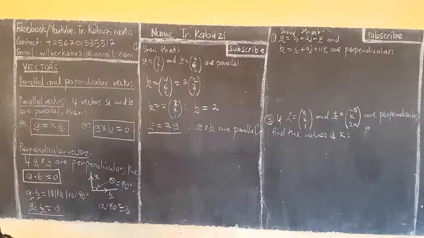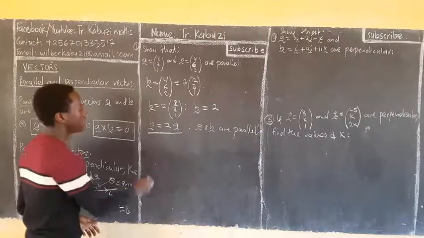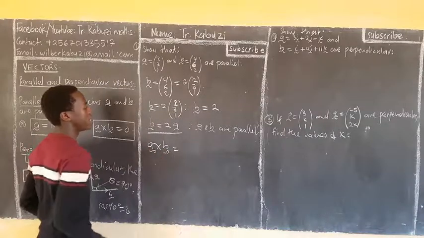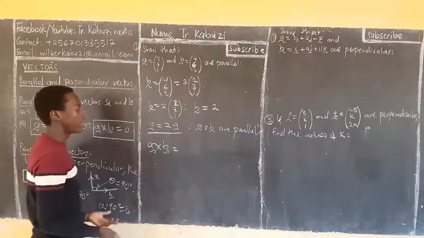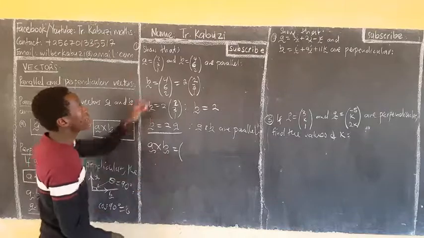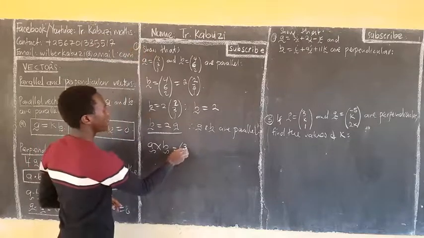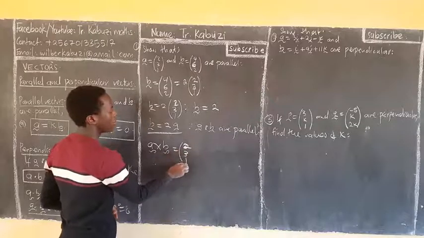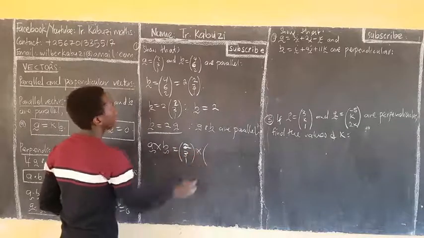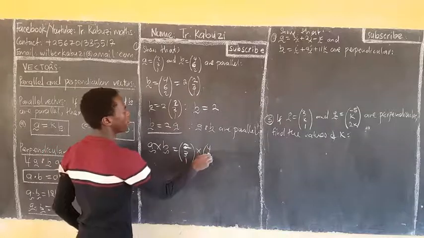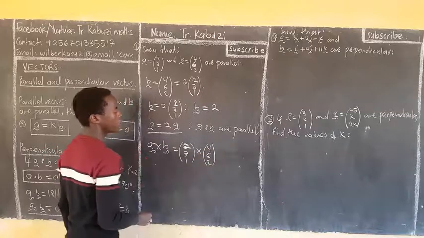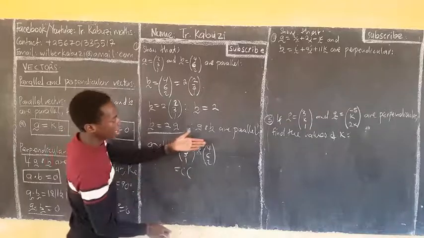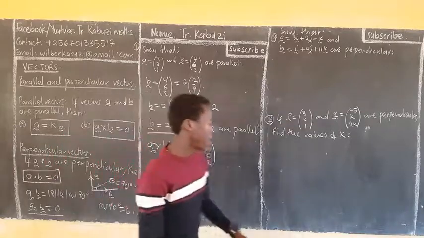The other way is to cross them. I told you that if two vectors are parallel, their cross product should be 0. I told you the easiest way of crossing. Get your A, which is 2, 3, 1, then cross B, which is 4, 6, 2. To cross them, I is in the first row.